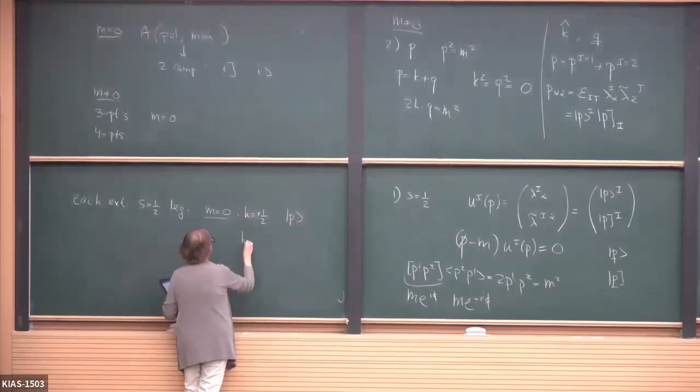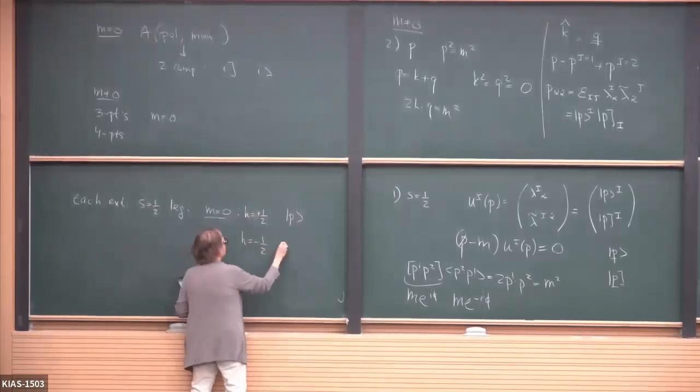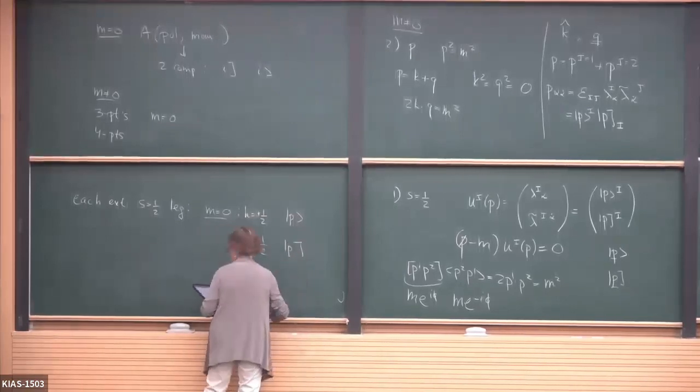If h equals minus 1/2, it comes with a p square.